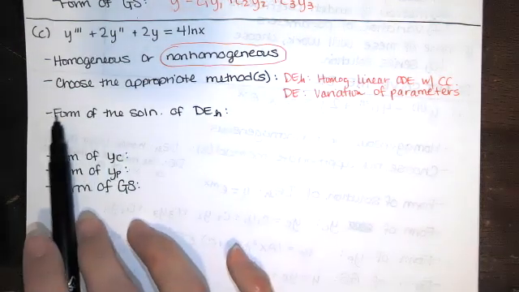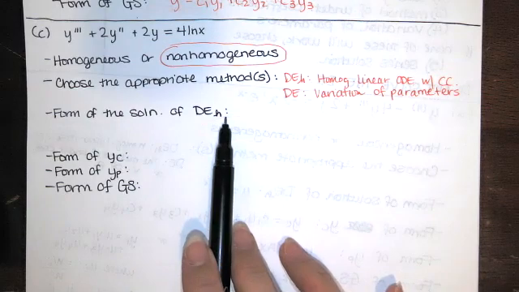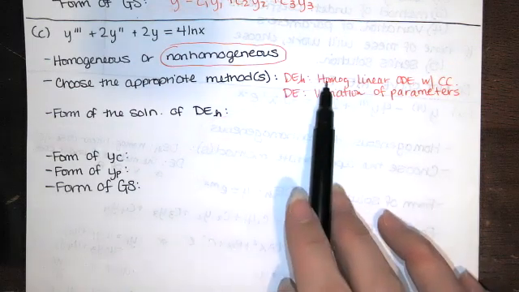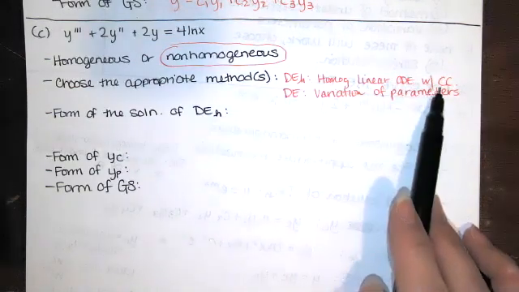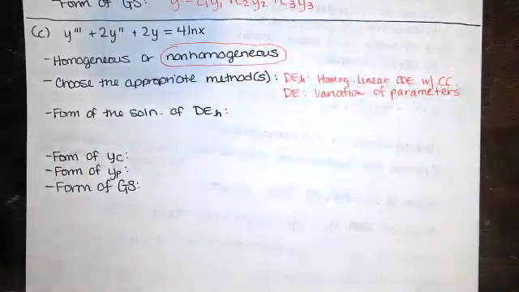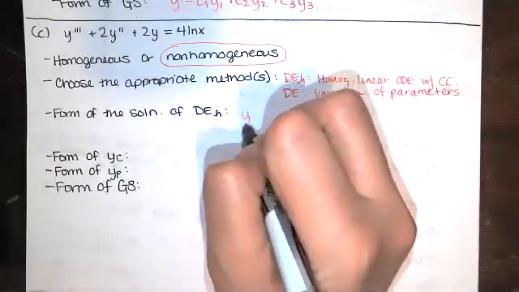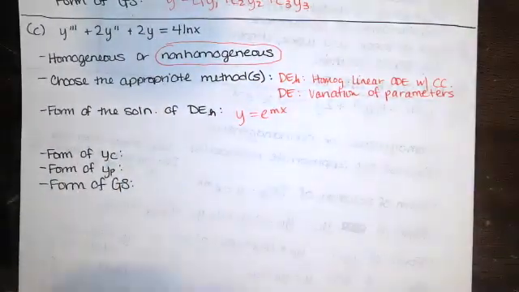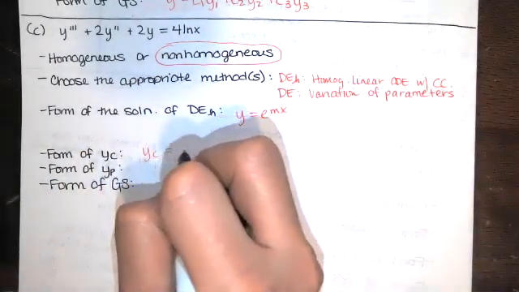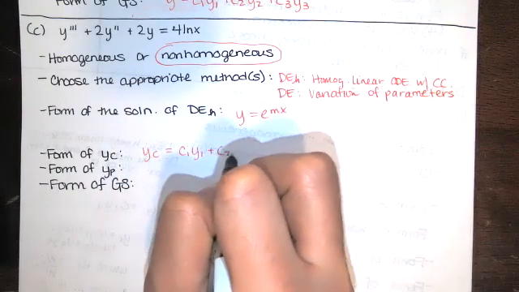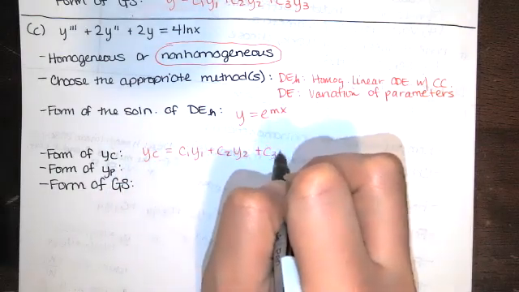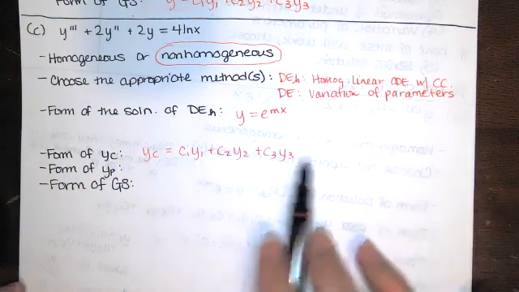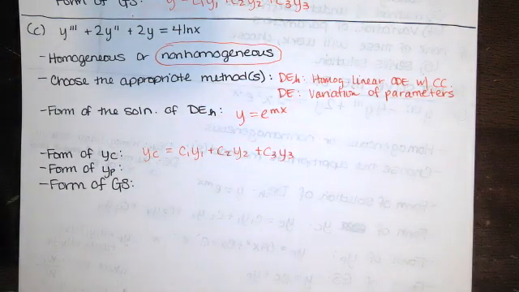Now we want to write down the form of the solution of the corresponding homogeneous equation. Since the corresponding homogeneous equation has constant coefficients, we're going to let y equal e to the mx. Since it's third order, the form of y sub c is c1y1 plus c2y2 plus c3y3. We get one term for each of those linearly independent solutions, y1, y2, and y3.